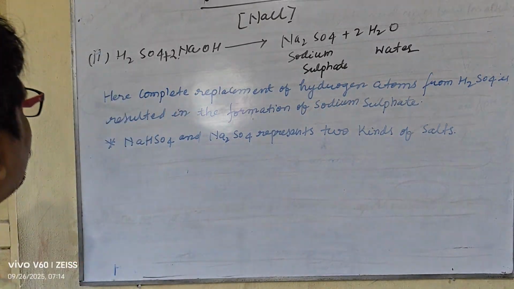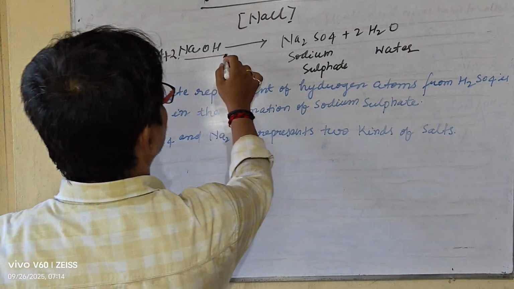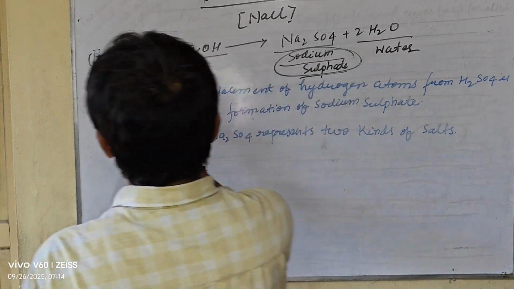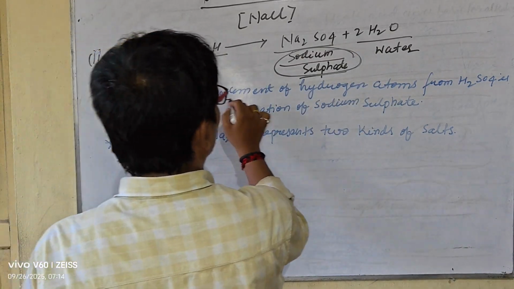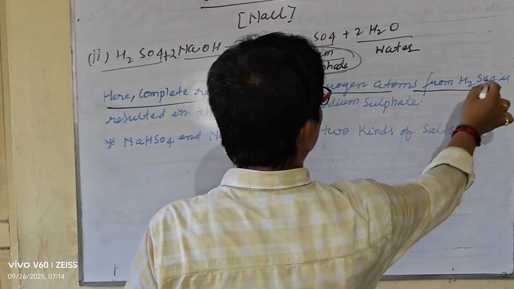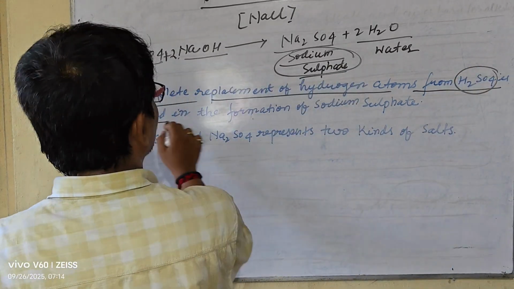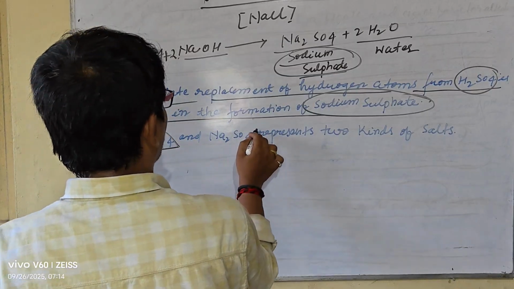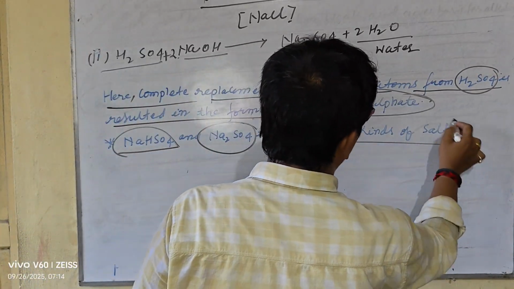So my dear student, the second reaction, H2SO4 plus 2NaOH gives Na2SO4 plus 2H2O, that is sodium sulfate and water. Here the complete replacement of hydrogen atoms from H2SO4 has resulted in the formation of sodium sulfate. NaHSO4 and Na2SO4 represent two kinds of salts.